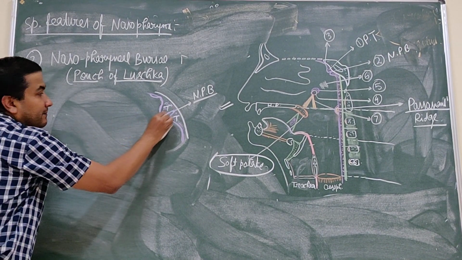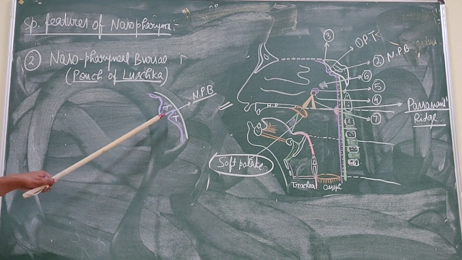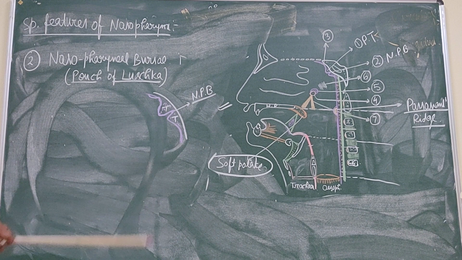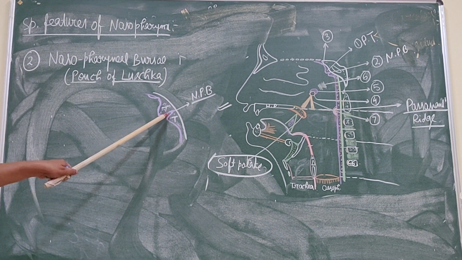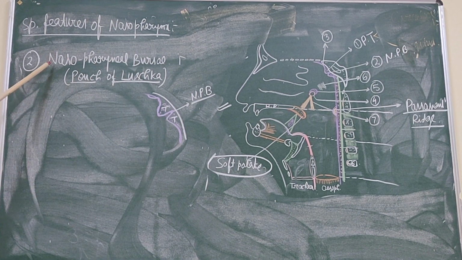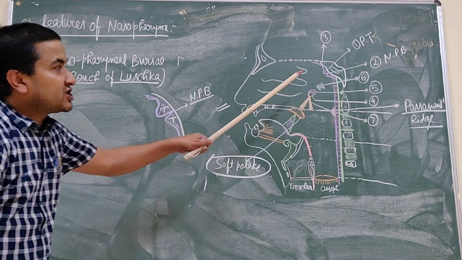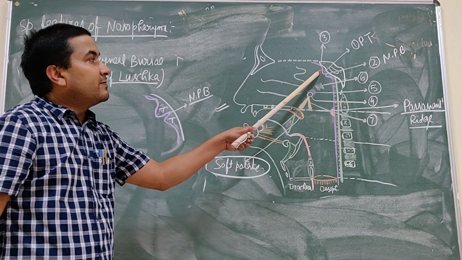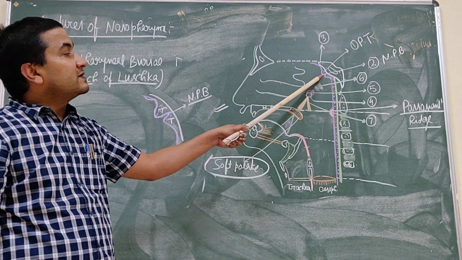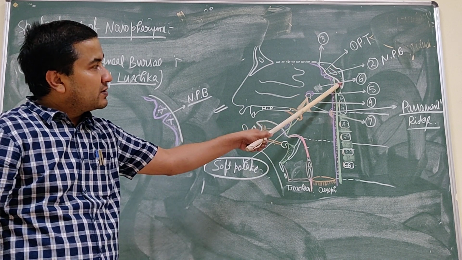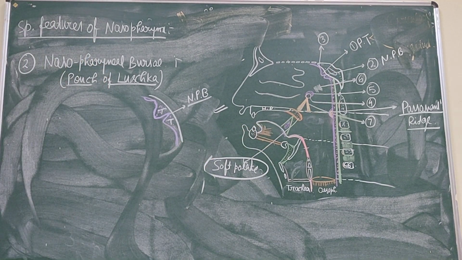This diverticulum goes inside the tonsil and divides the tonsil into two parts. This diverticulum of the mucosa is the nasopharyngeal bursa. It extends from the apex of the nasopharyngeal tonsil towards the junction of the roof and the posterior wall.